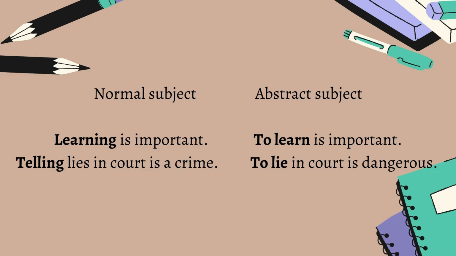Infinitives emphasize the possibility or potential for something and sound more philosophical. As a rule of thumb, a gerund is best most of the time. Abstract subject: learning is important. To learn is important. Telling lies in court is a crime. To lie in court is dangerous.